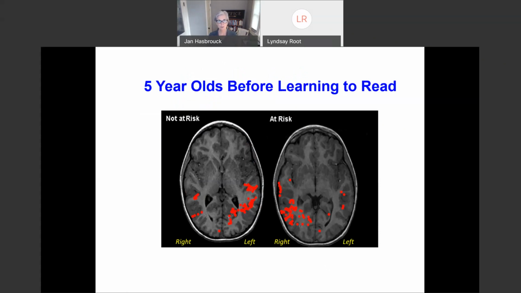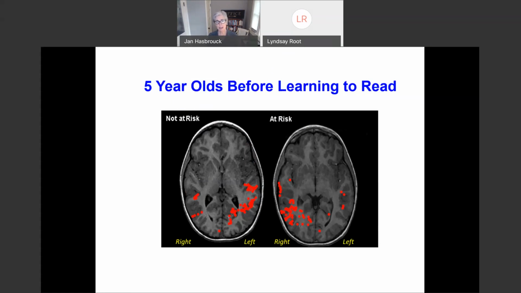So these are two different children, two different 5-year-olds who agreed to have their brains scanned while they're engaged, not in a reading task because they are not yet readers, but a language task, and watching how their brain is stimulated and activated with a language task.